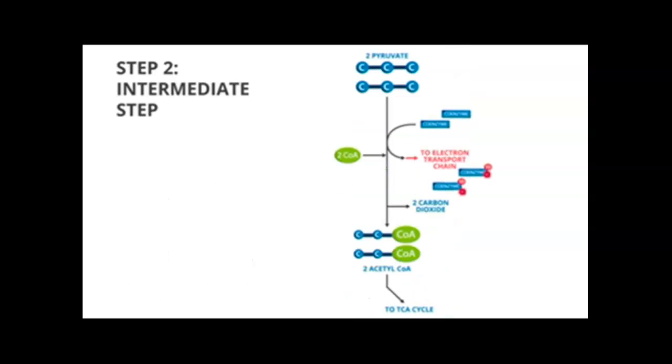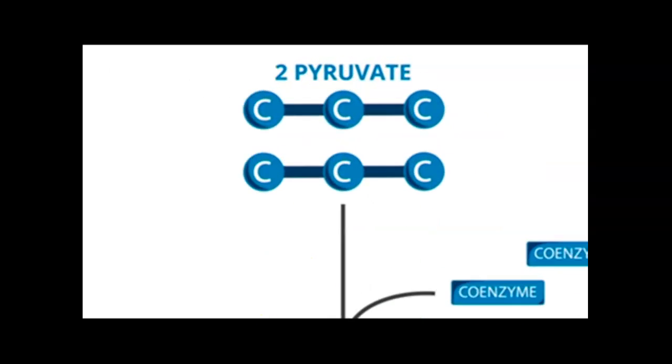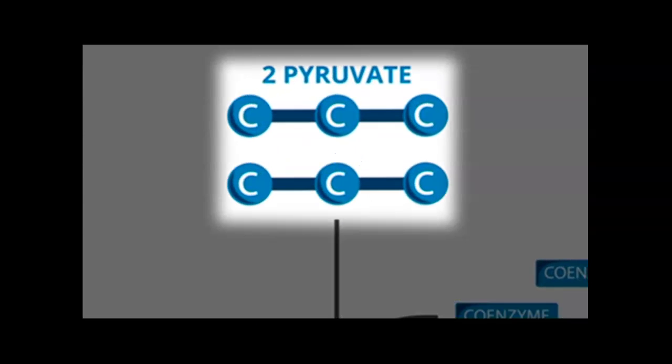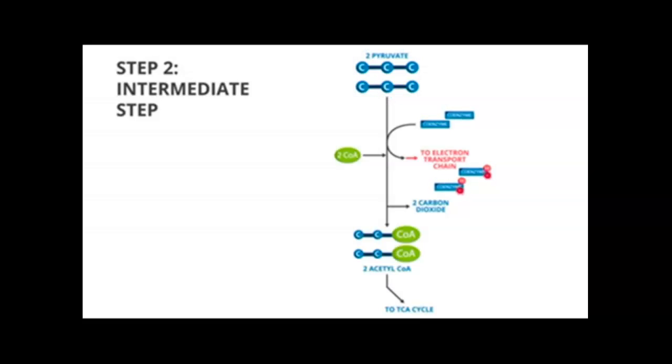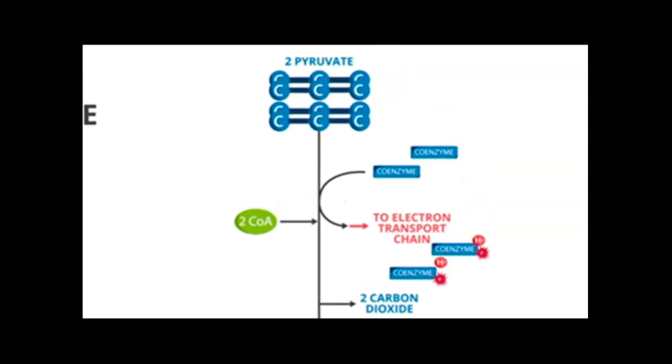Step 2 is the intermediate step. So we've taken our glucose and we've broken it down to pyruvate. We already did that in step 1. In step 2, the intermediate step, we're going to break them down even further into 2 carbon fragments called acetyl-CoA. Now where did the other carbon go? We started with 3 carbons, we ended with 2 carbons. Where did that 3rd carbon go?